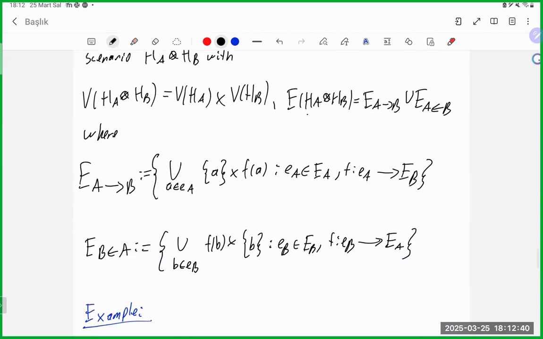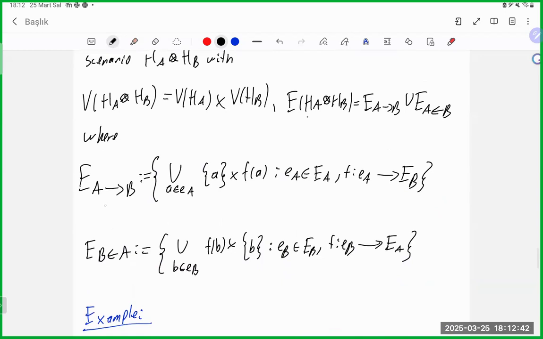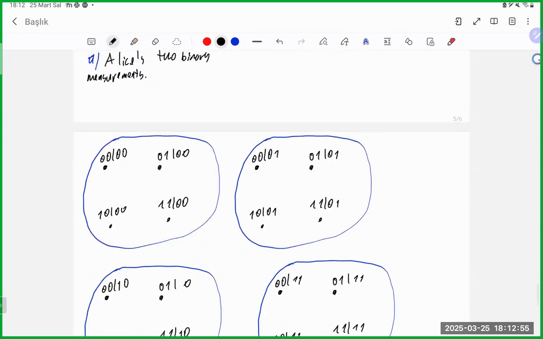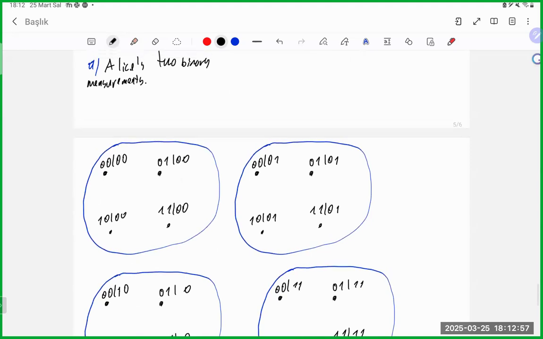And if an edge is an element of this set and this set, it corresponds to the direct product of those two scenarios.